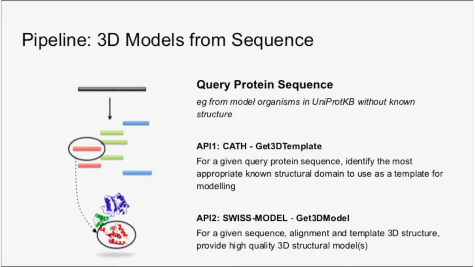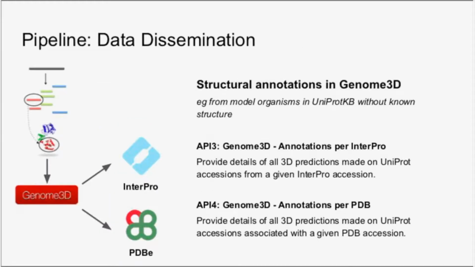In terms of how we are putting that together with the pipeline that we've done here, again, we start with a query protein sequence. We go off into the CATH API to get some information about which related template structures might be very useful to do that modeling step. And then we pass that information over onto Swiss Model via APIs to go off and actually do this modeling to get the 3D structure.